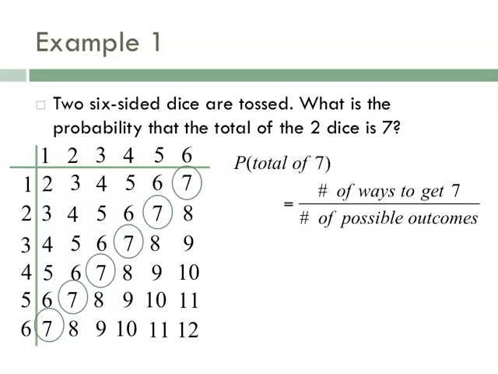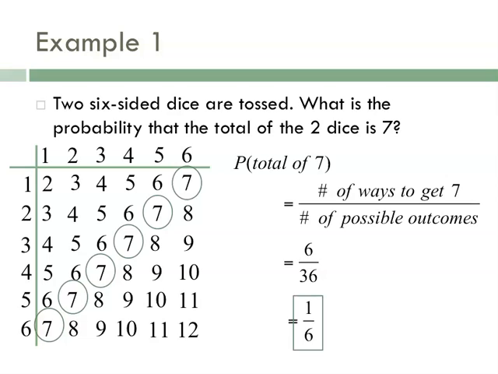So how many different possible outcomes are there? It looks like it's 6 by 6, so there are 36 possible outcomes. So there are 6 ways to get 7, and there are 36 possible outcomes, so this is equal to 1 out of 6. You can absolutely change that into a decimal or into a percent if you'd like, but a fraction is just as good. 1 out of 6.